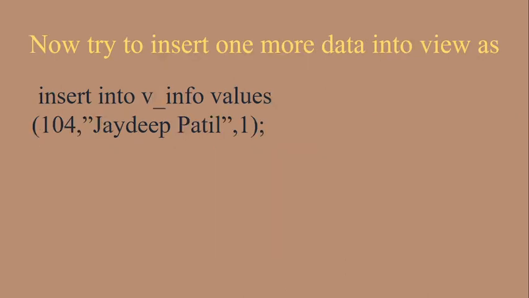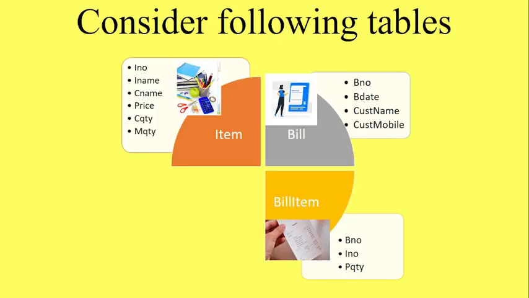Now I want to give you one more example. Try this example and then go with the next video. Here, for the next view, you create one database as company, and in that company database you create three tables: item table, bill table, and bill item table.